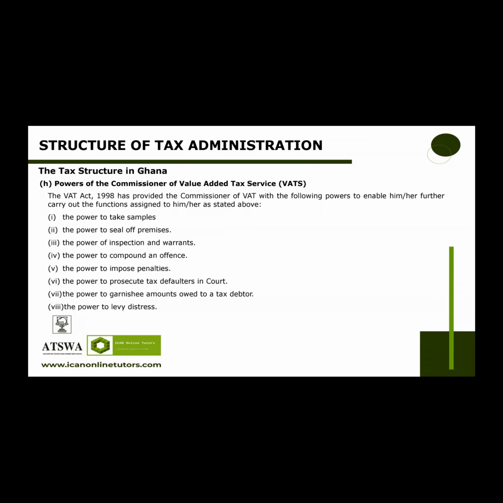And also the power of inspection and warrants. An officer of the Value-Added Tax Service may at any reasonable time enter premises used in any way for business purposes, including premises where taxable goods are stored, and the officer may open any packaging and inspect and take stock of any goods and examine business records, accounts, and correspondence on the premises.